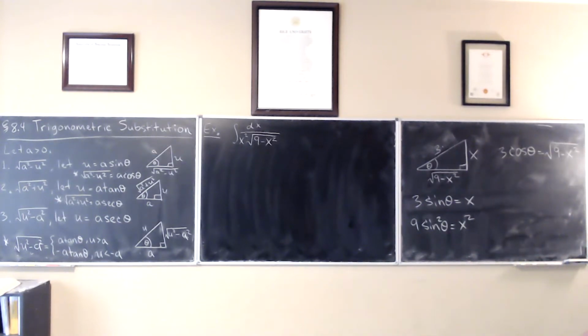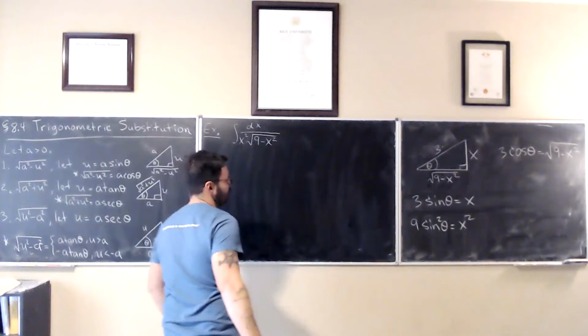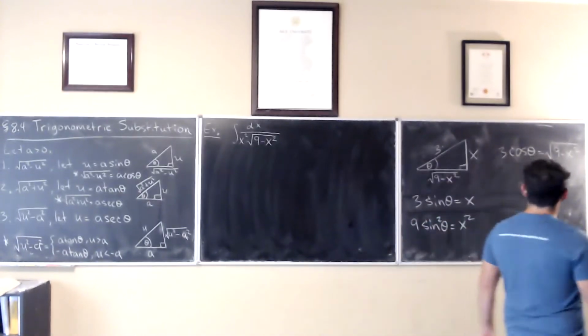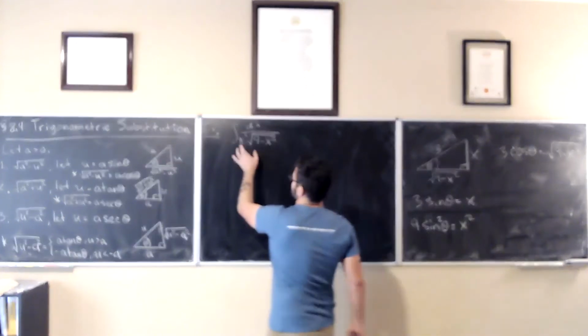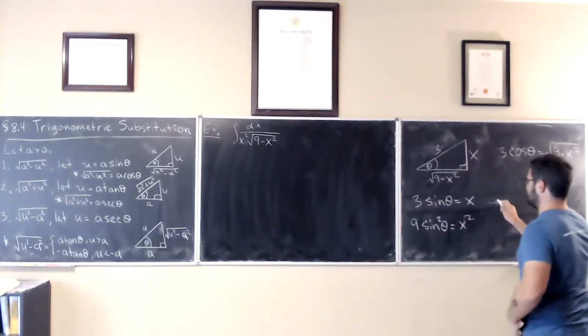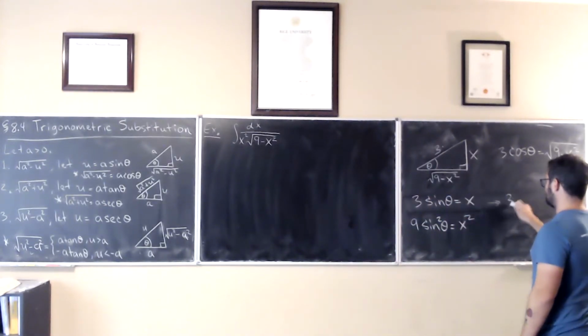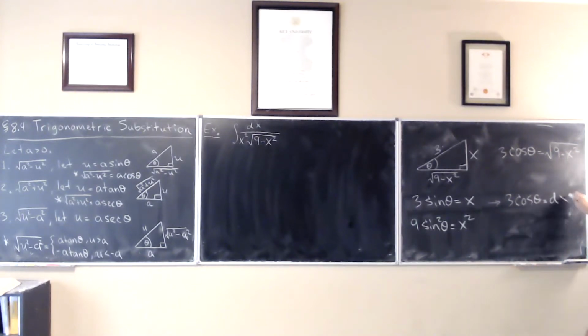I'm going to need dx somewhere too, but we'll get there. Oh yeah, that's all I'm missing. I have that, and then I have x squared, so I have this and that. I just need dx now. And I can get dx from this line here. So that'll be 3 cosine theta is equal to dx.